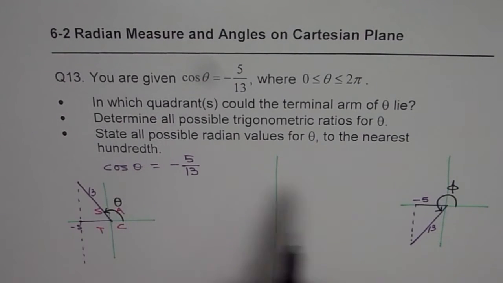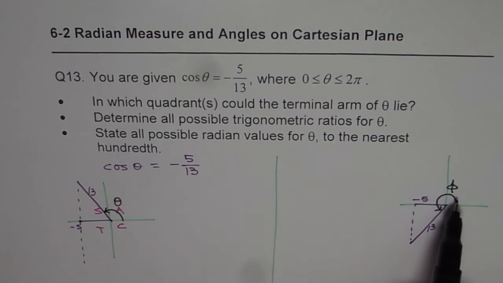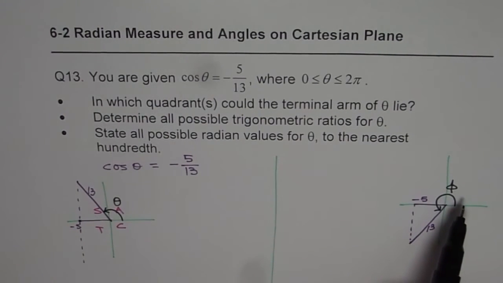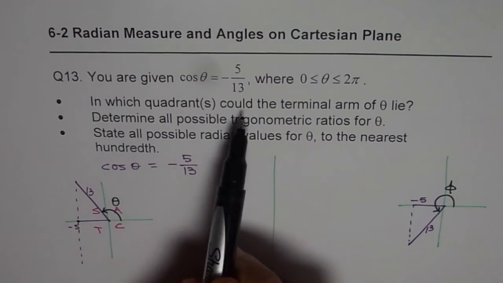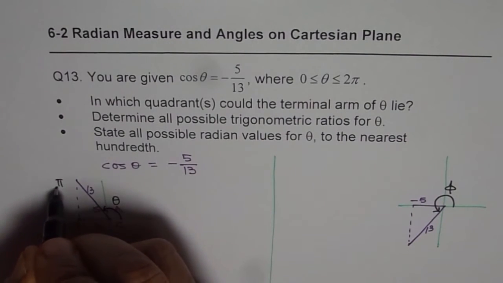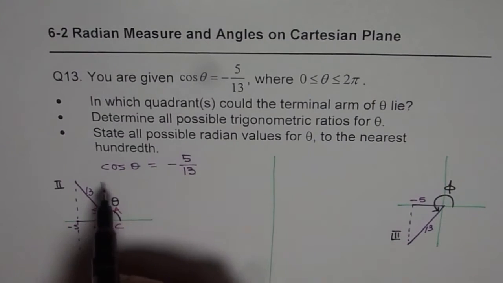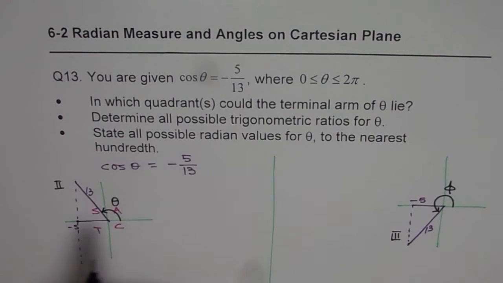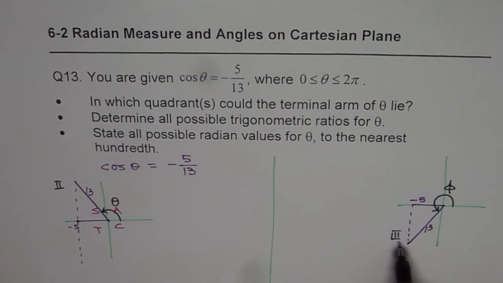Both are the same theta which we're trying to find, but we're just naming it differently. So what we notice here is that the quadrants could be either quadrant 2 or quadrant 3, since cos is negative. The x value is negative, r is always positive, so it has to be quadrant 2 or quadrant 3.